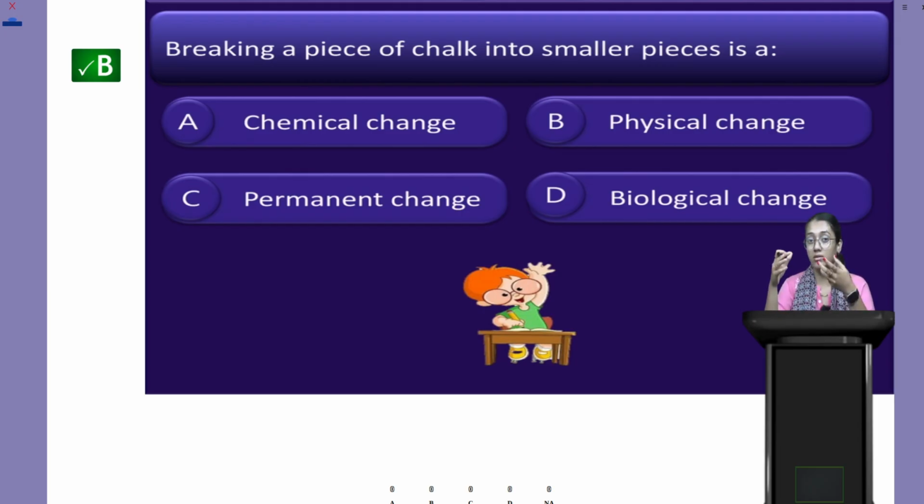Whenever no new thing is forming, this kind of change is known as physical change. So if we break one piece of chalk into small particles, they are also behaving like chalk. This kind of change will be called physical change, as no new object is forming.